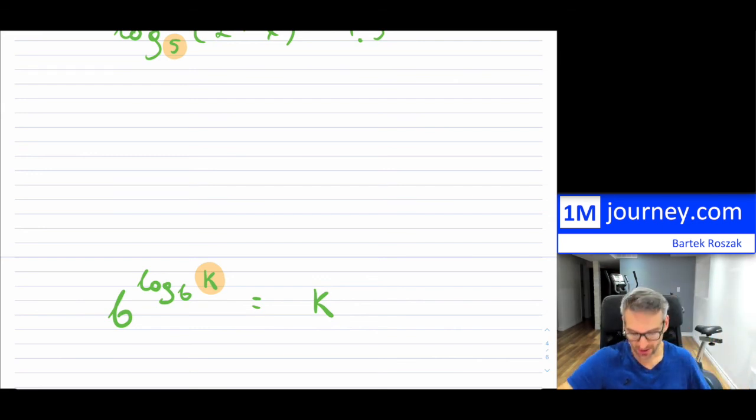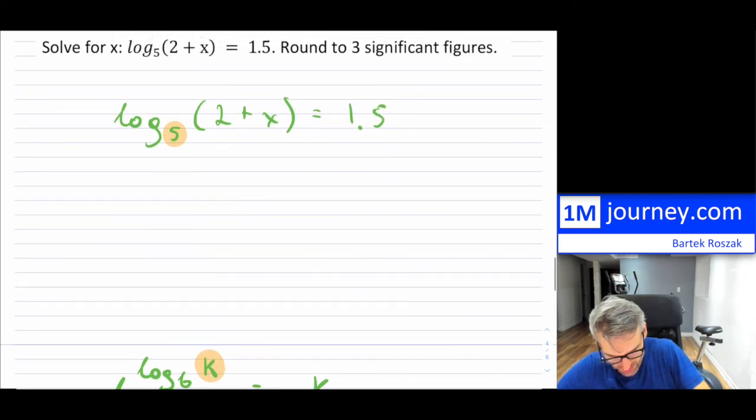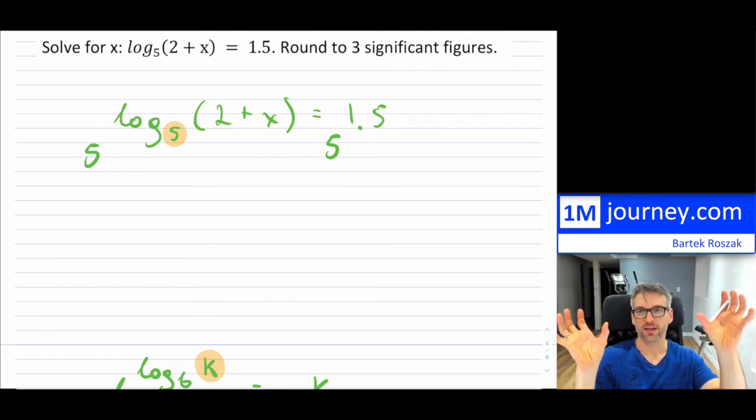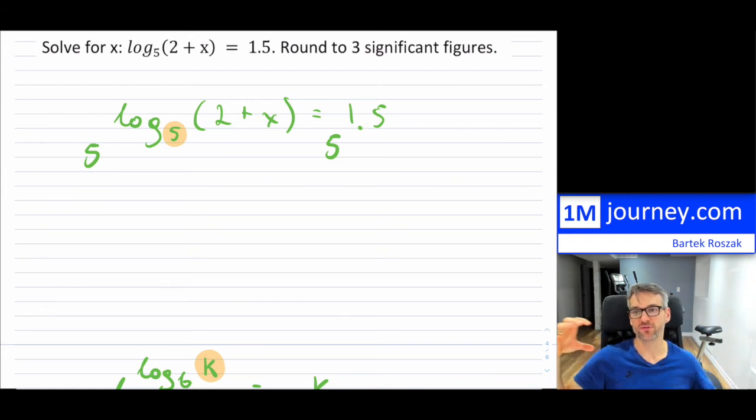If you don't remember those initial properties, maybe I'll put up a link to that as well. So I'm going to use this because I'm going to do both sides. I'm taking the left-hand side and the right-hand side, and I'm putting the base of 5 on both.